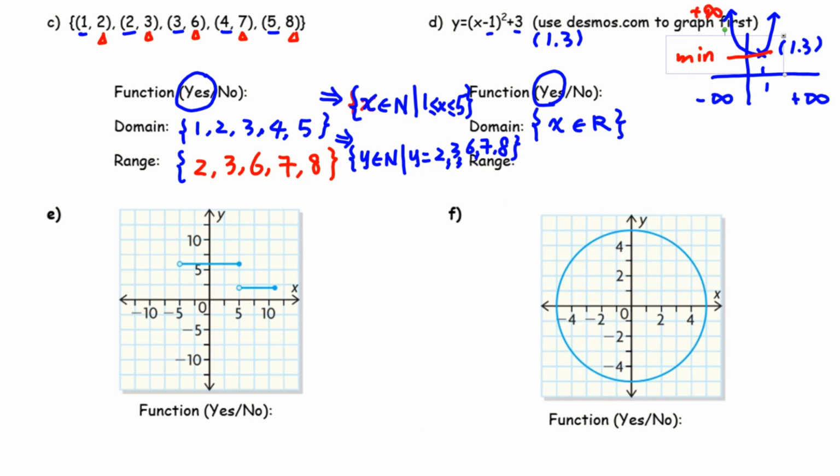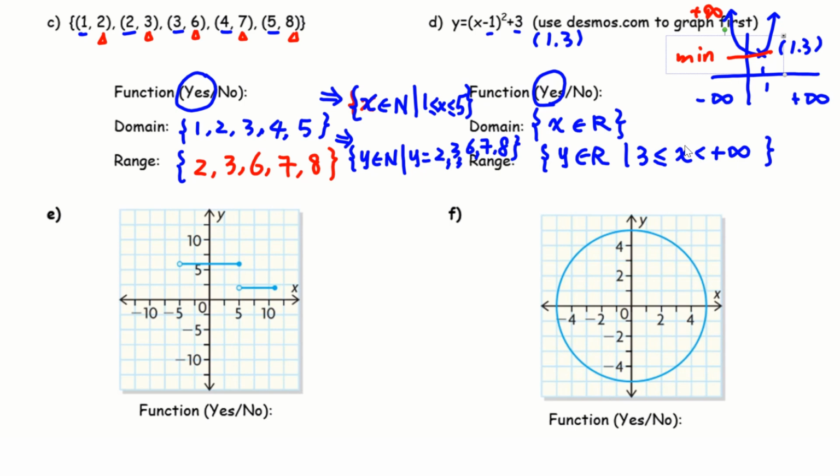So we write this set notation out. y belongs, because the graph is continuous, to all real numbers, such that the minimum is 3, maximum is positive infinity, y less than infinity, less than or equal, so it could equal 3.